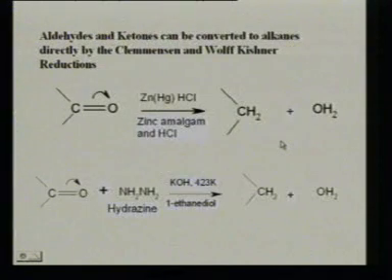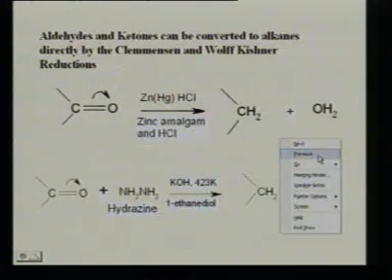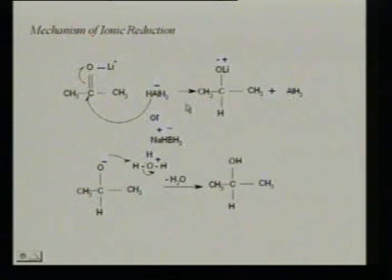In the next slide, we have shown the mechanism of this ionic reduction. In this case, the aluminum hydride, having a nucleophilic center, reacts with the carbonyl carbon giving an intermediate product, and this on hydrolysis gives the alcohol. These reagents are selective in nature.